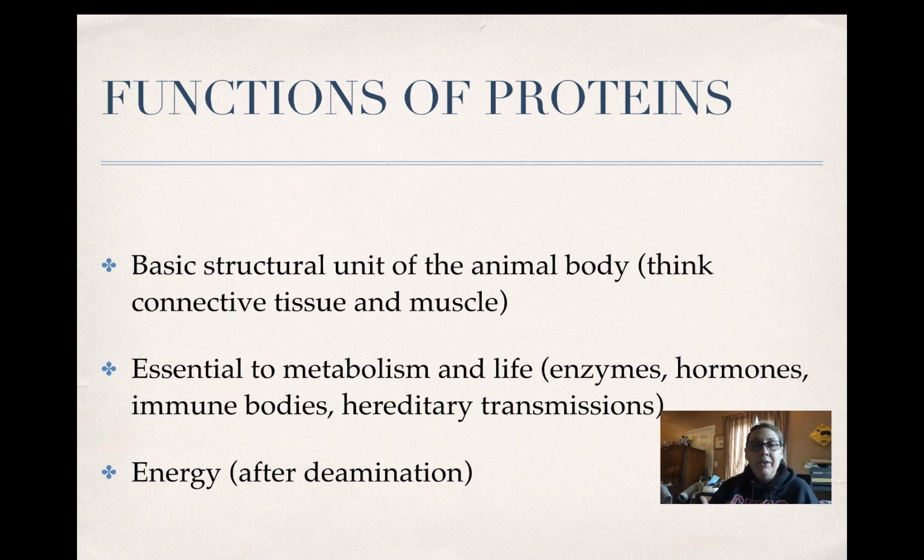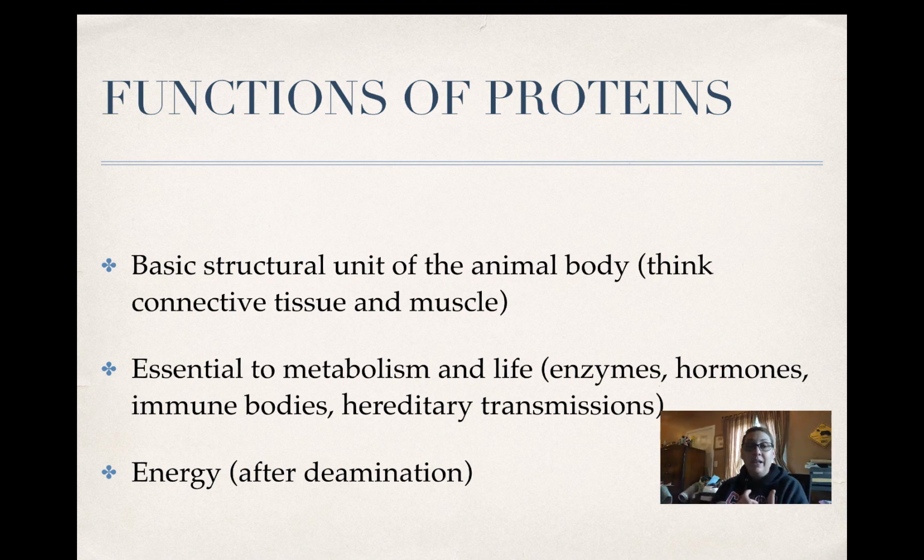When we talk about the general functions of proteins, if you think about the simple, the conjugated, and the fibrous proteins, that is the structural unit of the animal body. It is the connective tissue, the skeletal muscle, the smooth muscle, the cardiac muscle. All of that is built out of protein structures. Additionally, proteins are essential to metabolism.